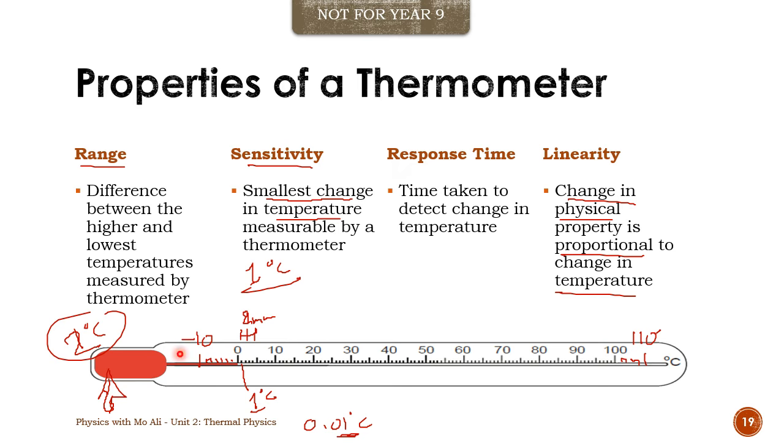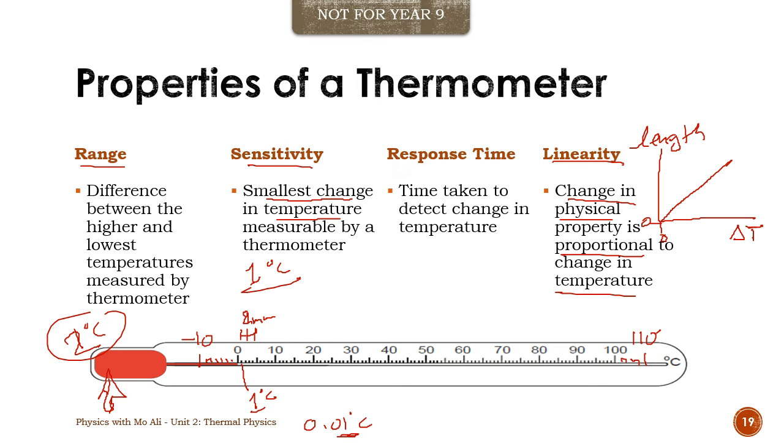This means that the change in temperature and the change in property, the expansion, have to be directly proportional. The reason we call this property linearity is because if you draw a graph of how the temperature changes with the length of the liquid inside the thermometer, it will give you a straight line starting from 0 and 0. Okay? So that's pretty much it. So what's linearity? It's the fact that the change in temperature and length are directly proportional.